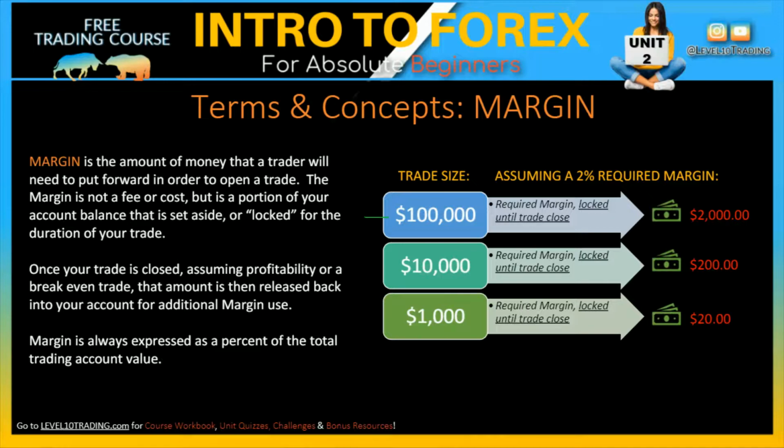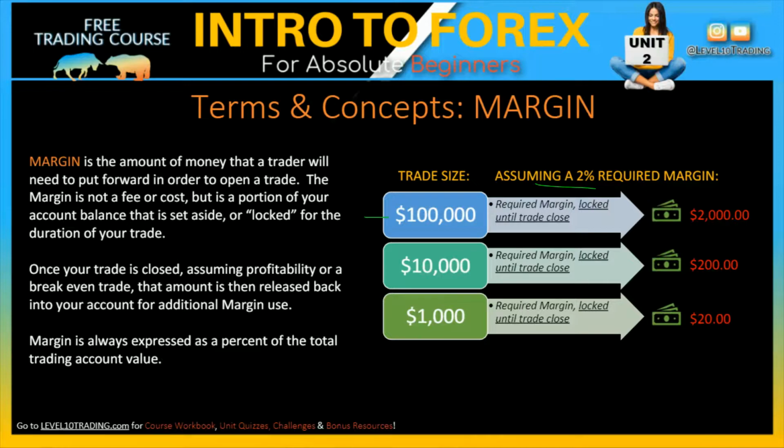To apply this concept a little further, because we like to talk about how these concepts actually affect us and what that looks like for us as retail traders, we're going to look at the breakdown of a typical dollar CAD margin requirement, assuming a 2% margin requirement, which is typical.